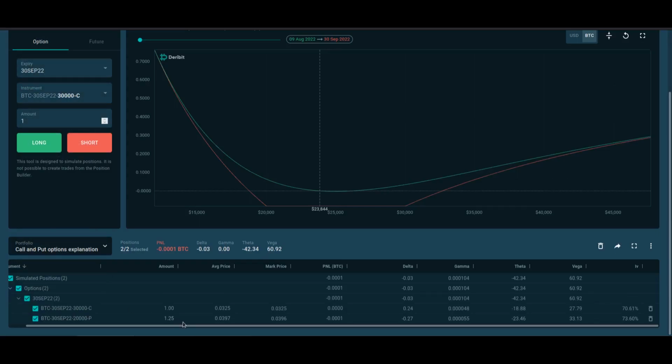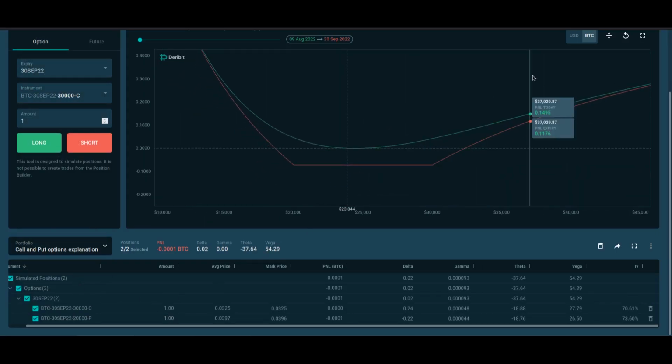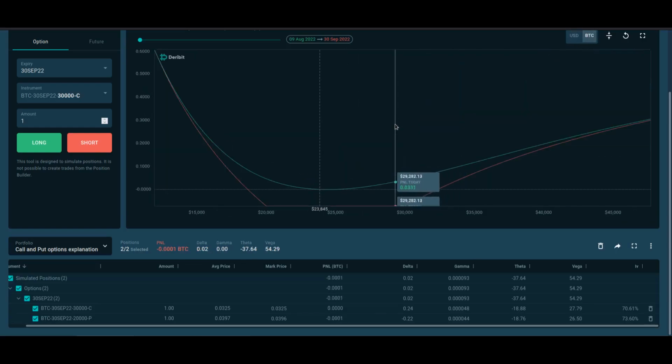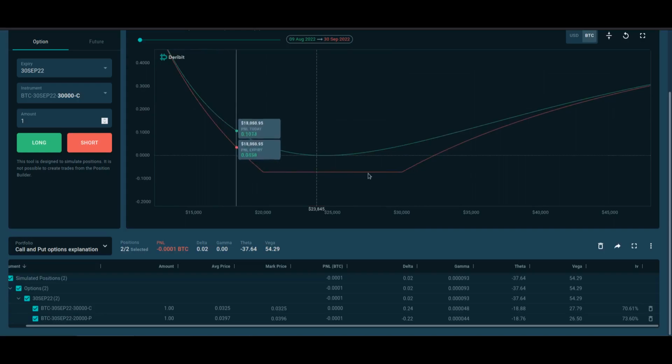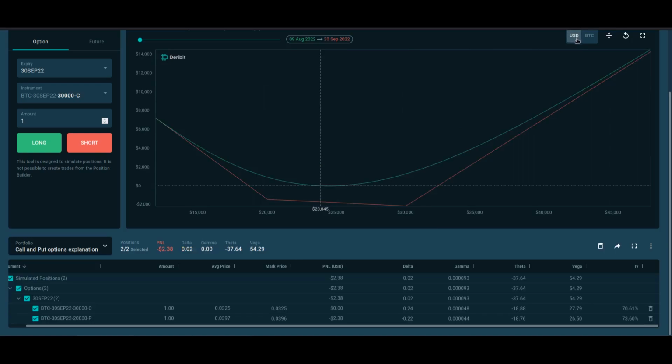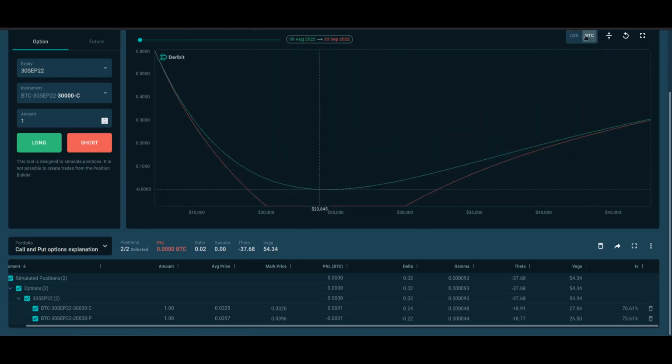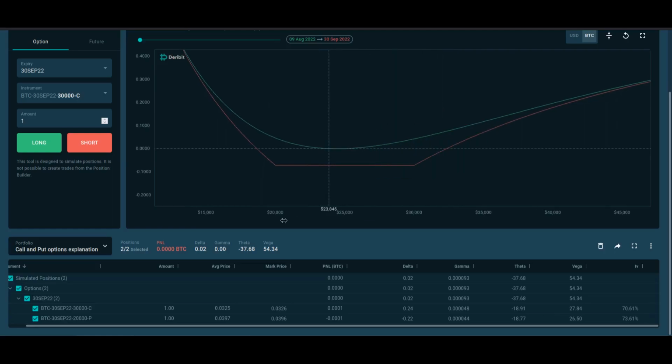Okay, here is the straddle. We have both, and it should be almost similar on the expiration date, probably something like this, but a little bit different. Okay, let it be like this.